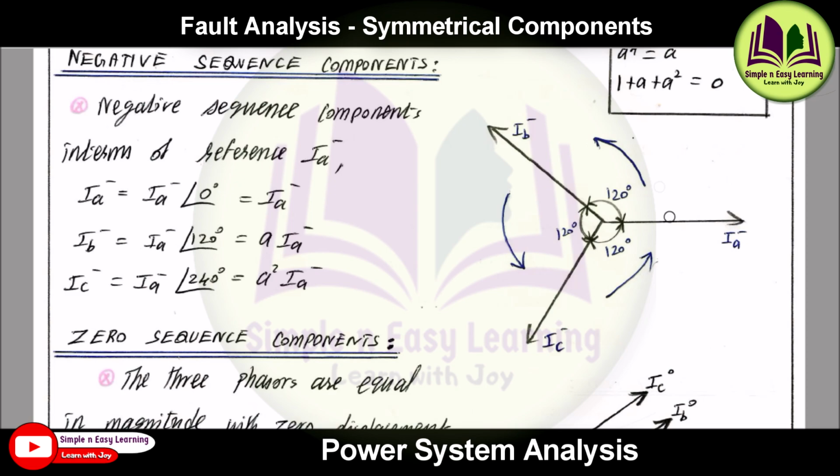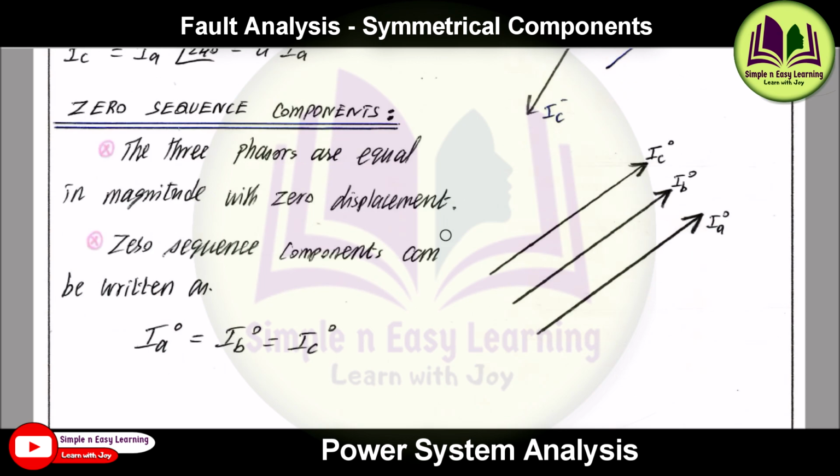IA minus is the reference, so you can write IB minus at 120 degrees displacement, that is a into IA minus. Similarly for IC, in the anti-clockwise direction you have 240 degrees, that is a square into IA minus.